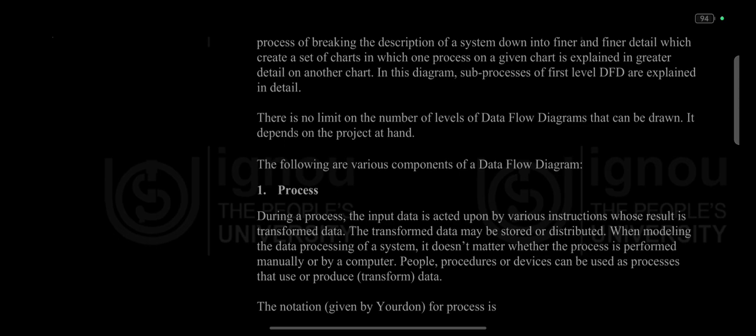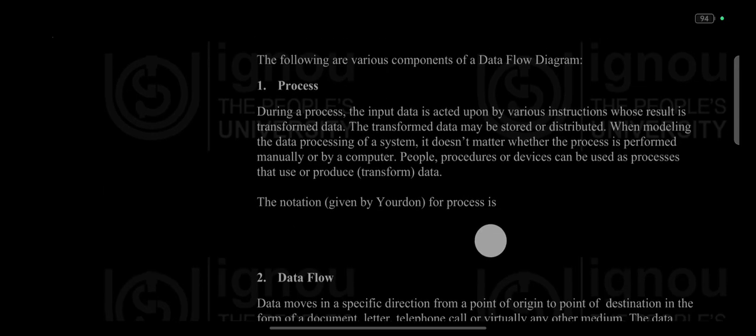The following are the various components of a data flow diagram. Process: during a process, the input data is acted upon by various instructions whose result is transformed data. The transformed data may be stored or distributed when modeling the data processing of a system. It doesn't matter whether the process is performed manually or by computer.